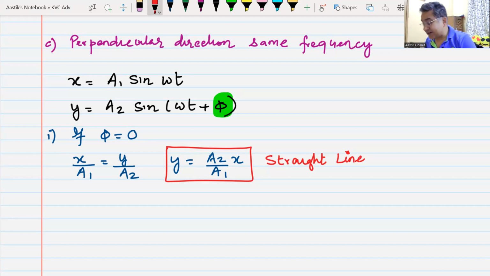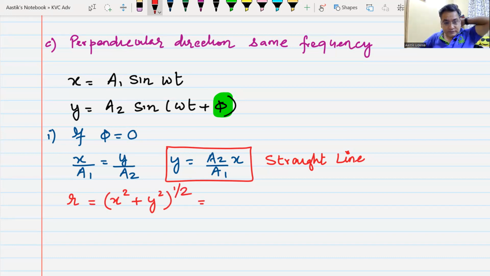What will be the resultant displacement of the particle? If I call the resultant displacement r, it will be equal to x squared plus y squared, raised to the power half. Yes or no?